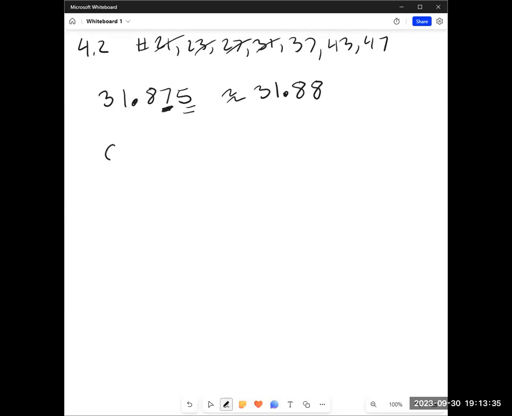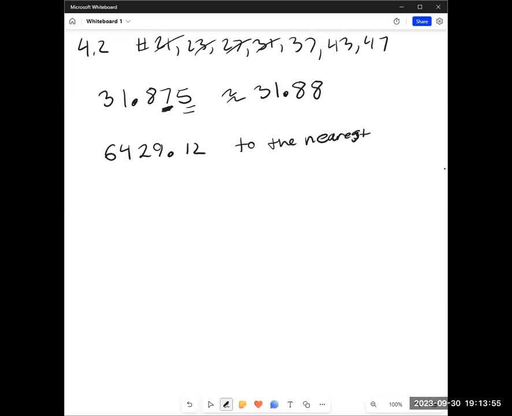Now we want to round 6,429 and 12 hundredths to the nearest 10. I should have written the instructions on the other one.